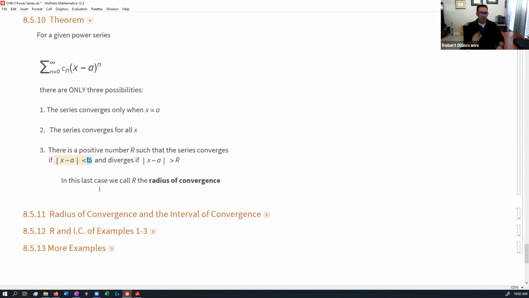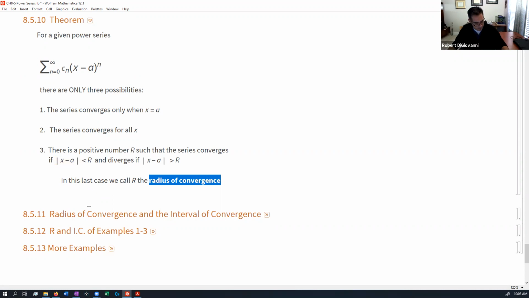I like to think about it this way. You either have a point in the middle, or you have an interval that contains the point, or you have the entire number line. That's the only possibilities for convergence. Now this number R, this capital R, we call it the radius of convergence. So I'll draw it out here.